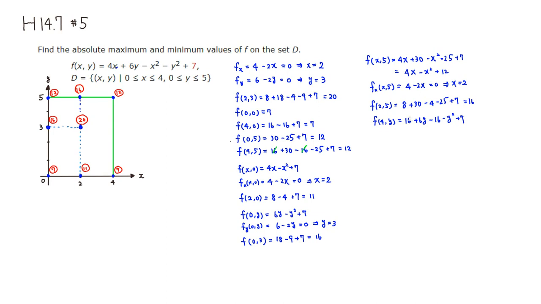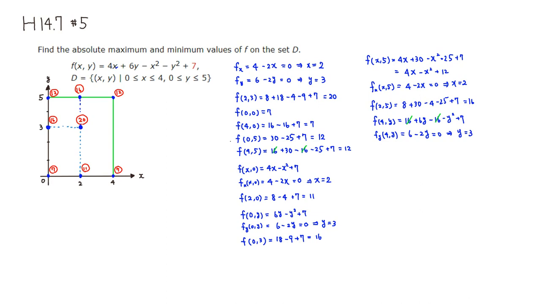So we can cancel 16 and minus 16, and then we take the partial derivative of this with respect to y. You're going to have 6 minus 2y equal to 0. This will give you y equals 3.